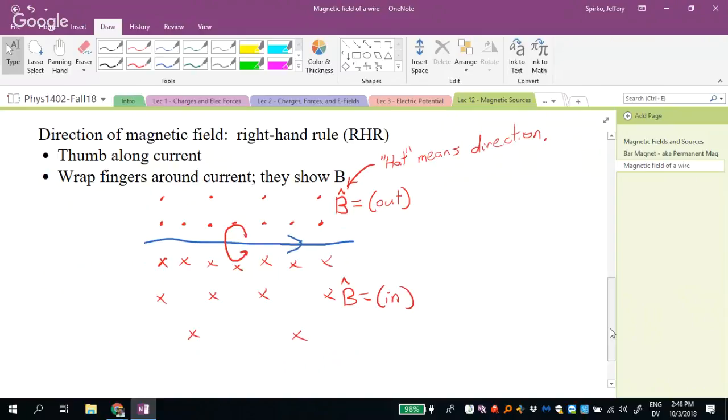But you can also just imagine putting your thumb in the direction of an upward current, I, and then the dots would be out of the page if you're left of the wire. So dot, dot, dot, dot, dot, and the X's would be into the page to the right of the wire.